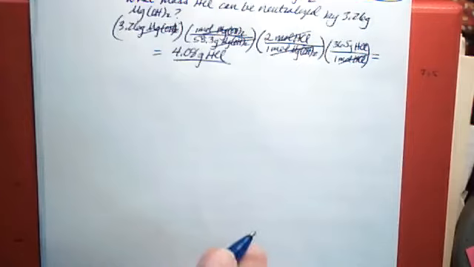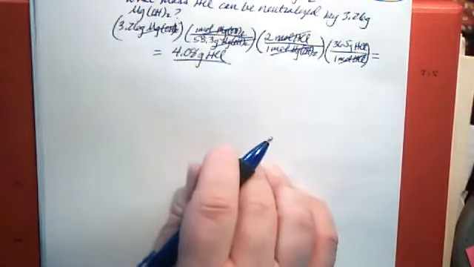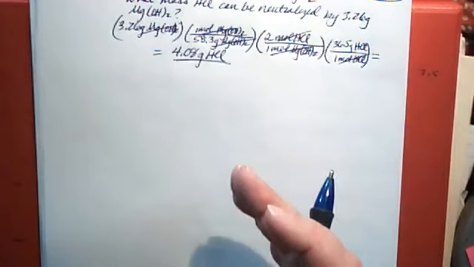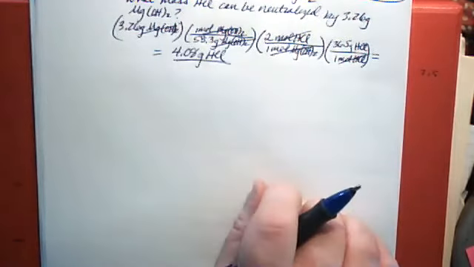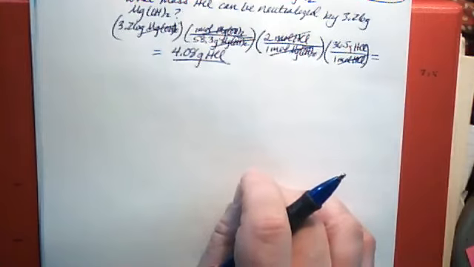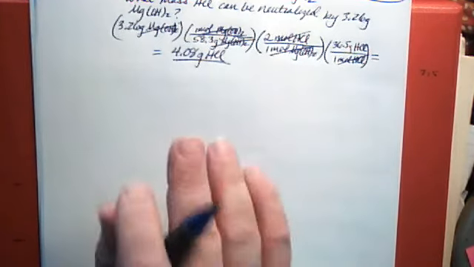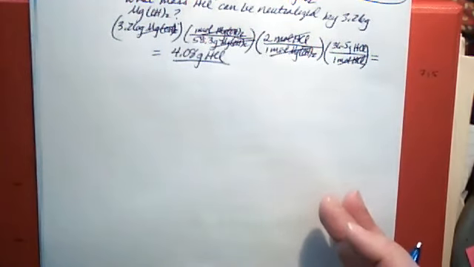However, it's much more likely that you're adding more of one of the reactants relative to what's required than the other reactant. And in that case, one of the reactants will run out before the other one does. And at that point, the reaction is done. The reactant that runs out first is known as the limiting reactant or limiting reagent. It's called that because once it runs out, the reaction is done and you get no more product. So that reactant that runs out first is the one that limits how much product you can get.